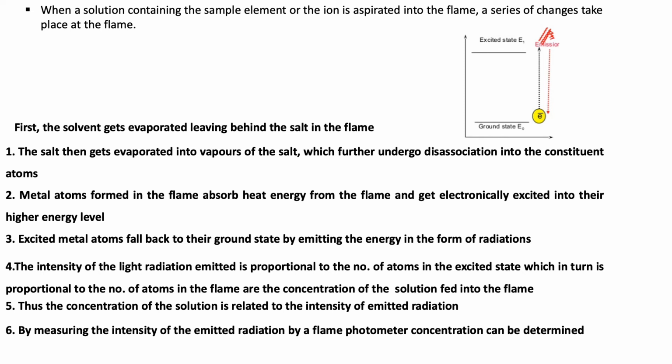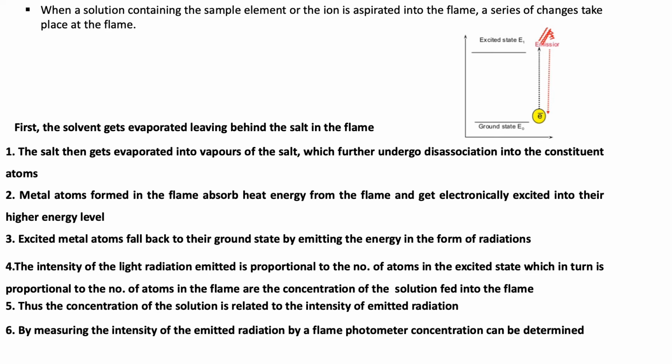Emission is directly proportional to the number of excited atoms, which in turn tells the amount of atoms present in the flame, which in turn tells the concentration of ions present. Thus the concentration of the solution is related to the intensity of your emitted radiation.